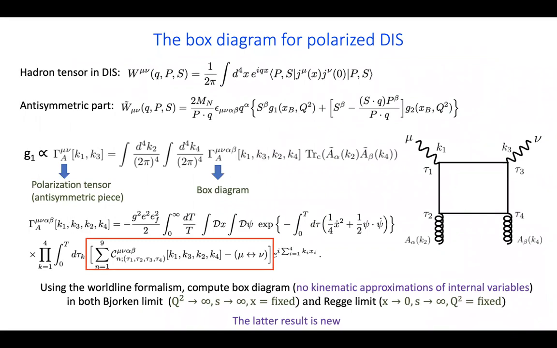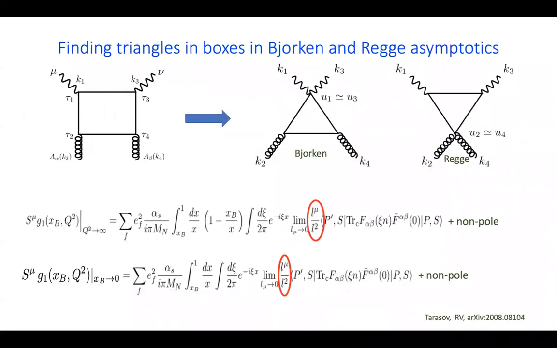However, you have to do it in exact kinematics, where you keep all the four-vectors of these guys. And to our shock, this calculation had never been done in QCD. It's a one-loop calculation, okay, and in exact kinematics. And people have done, of course, very sophisticated calculations, but they've never done it, until we did it first in this Wilson line formulation.